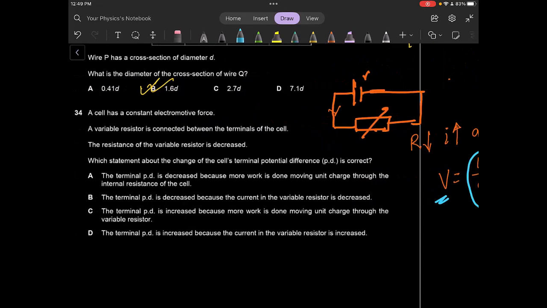In other words, we can say that the potential difference will decrease because more work has to be done to move a unit charge through the internal resistance of the battery. So option A is correct.